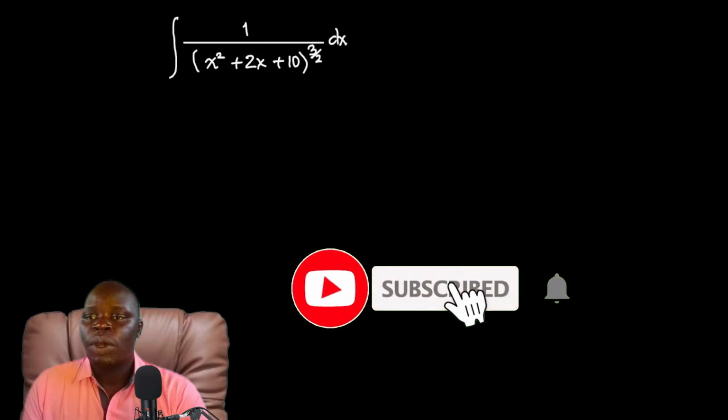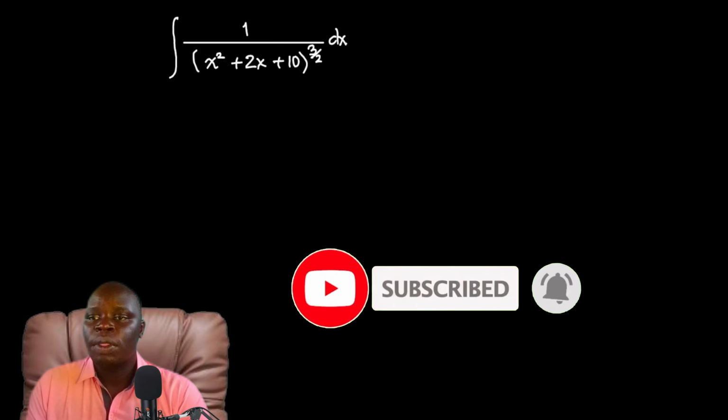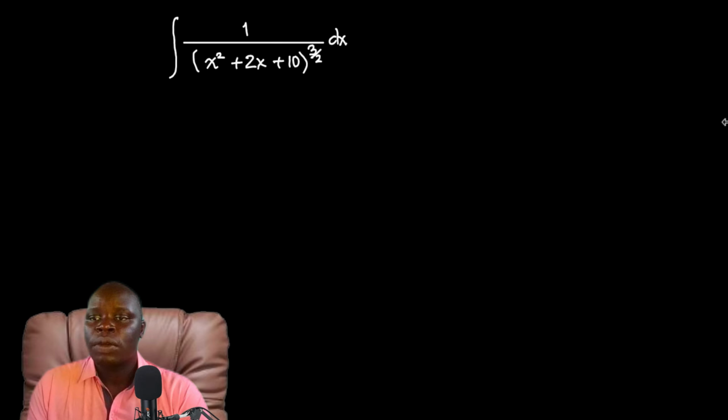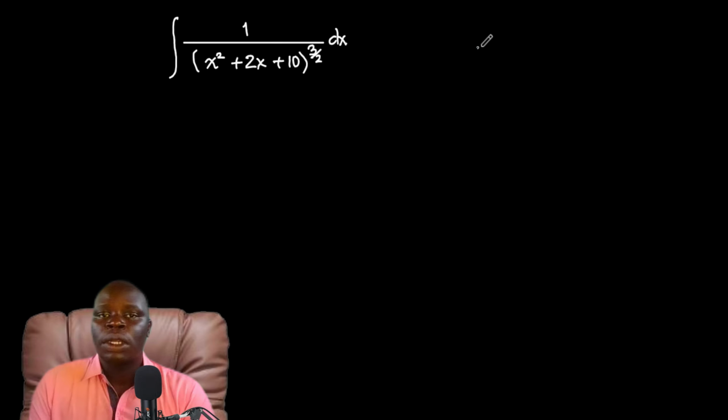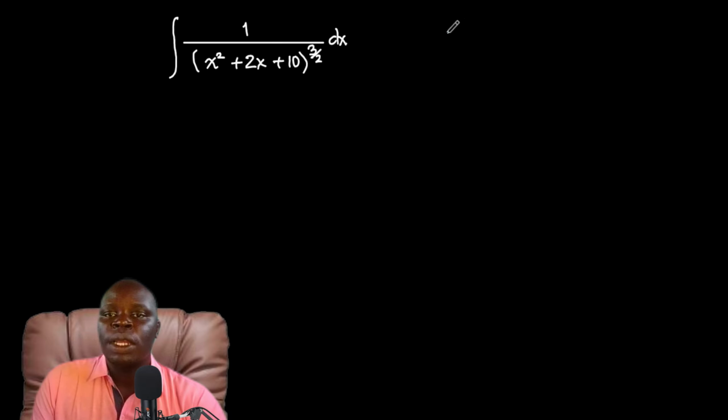Now here we can go on and do the same thing as before, where we can first of all take the denominator and we solve it out using the completing the squares method, where we have x squared plus 2x plus 10 equals 0.